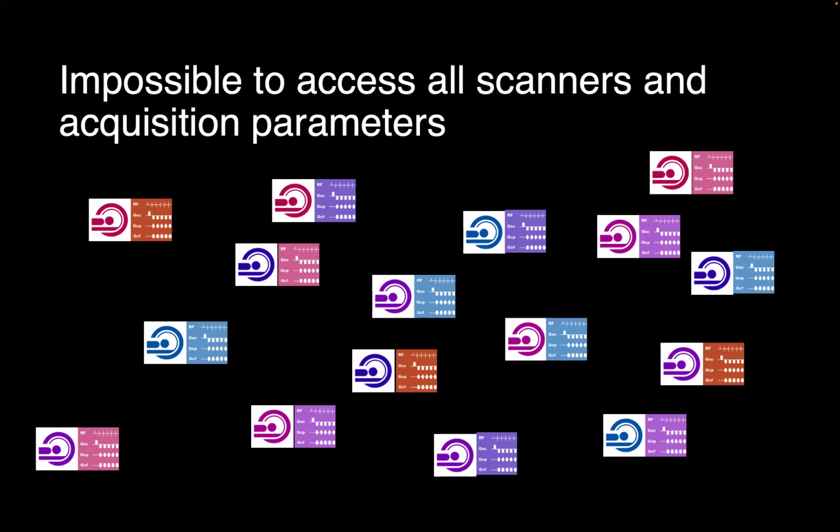So we need to find ways of ensuring that these models will still be able to produce good results when they are faced with an acquisition setting or a scanner that it never saw before.